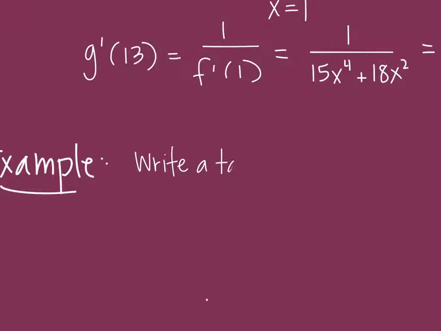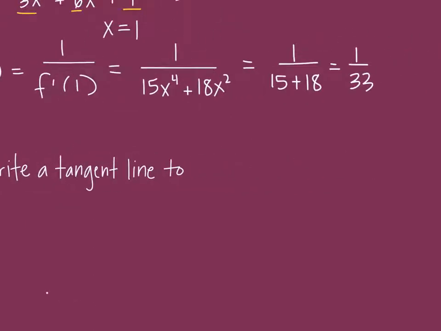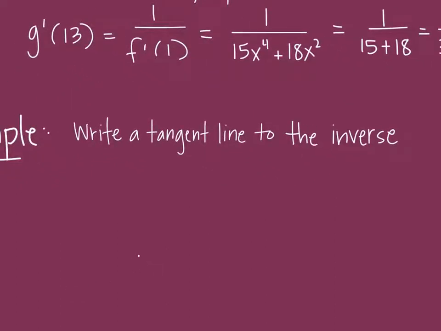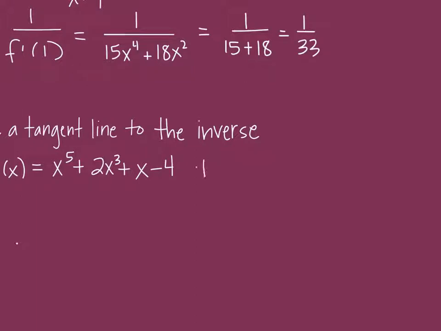Write a tangent line to the inverse of the following function: x to the 5th plus 2x to the 3rd plus x minus 4 through the point negative 4, 0.